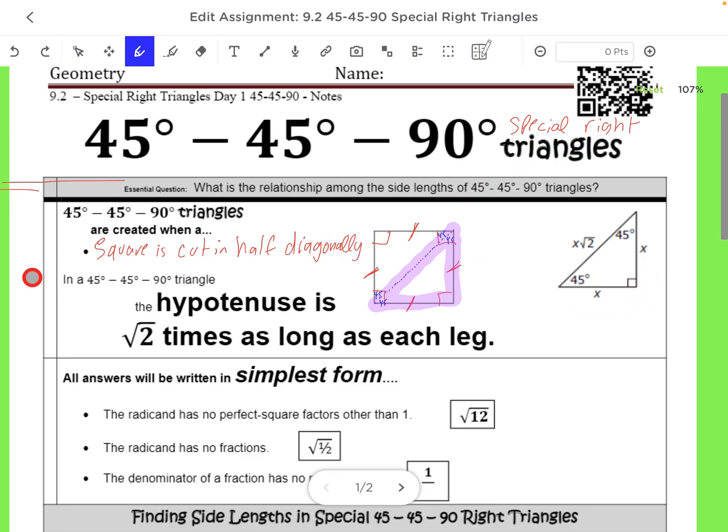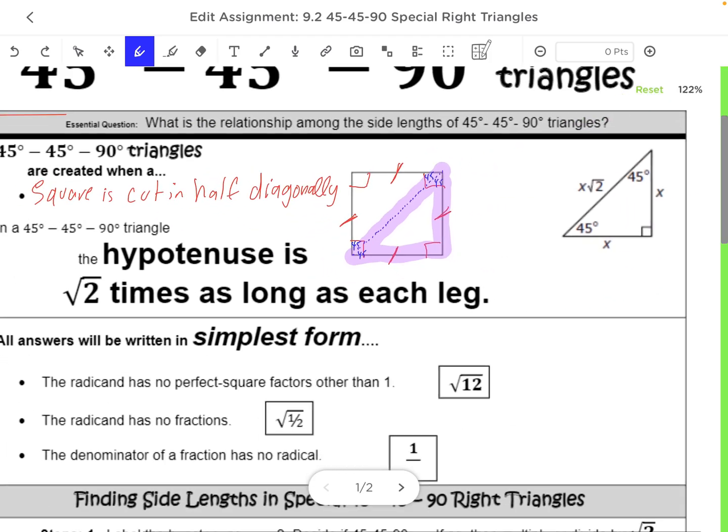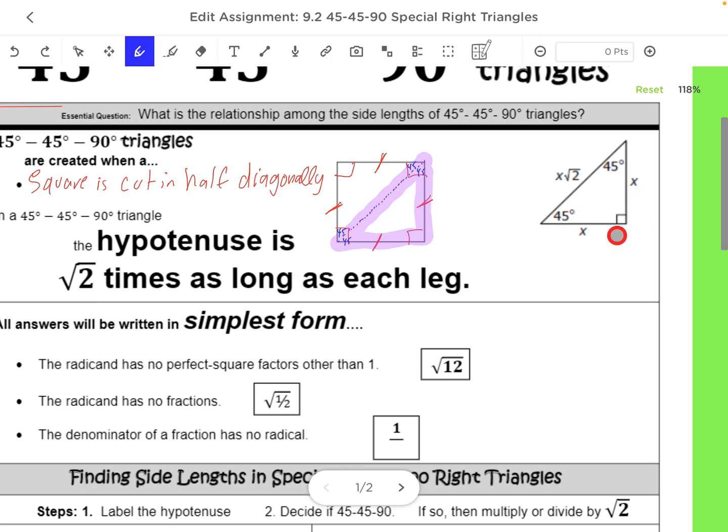We call it special because when we know that, we know the side lengths. First off, I know this side is going to be equal to this. If I say that's just x, then this also is x because they're both sides of a square, so both of those are equal. The hypotenuse is right across from our 90-degree angle. We're going to label that one h.